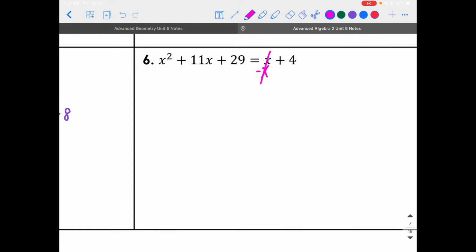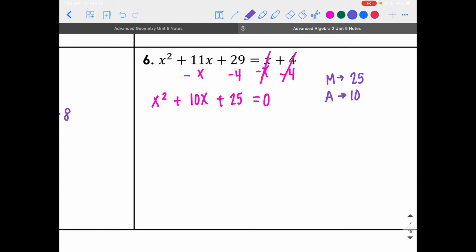So I need to subtract x, subtract 4, and that gives us x squared plus 10x plus 25 equals 0. So looking for two numbers that multiply to be 25, add to be 10. That would be 5 and 5.